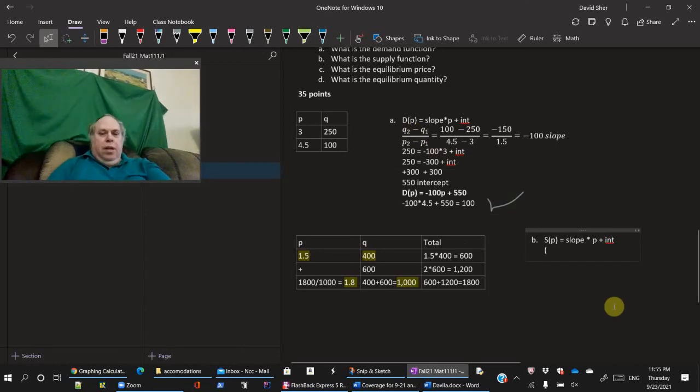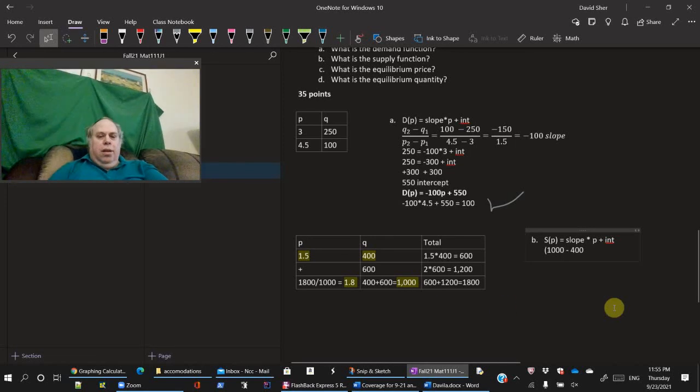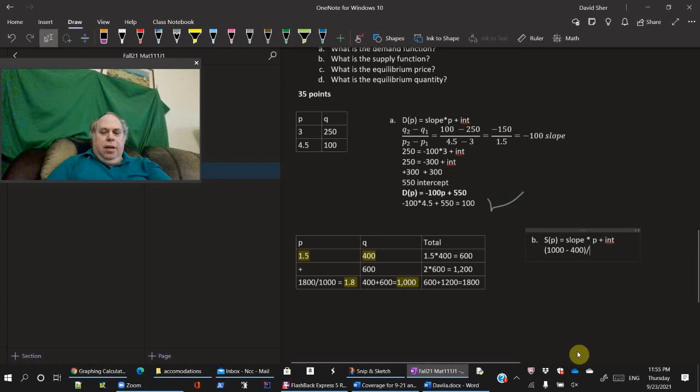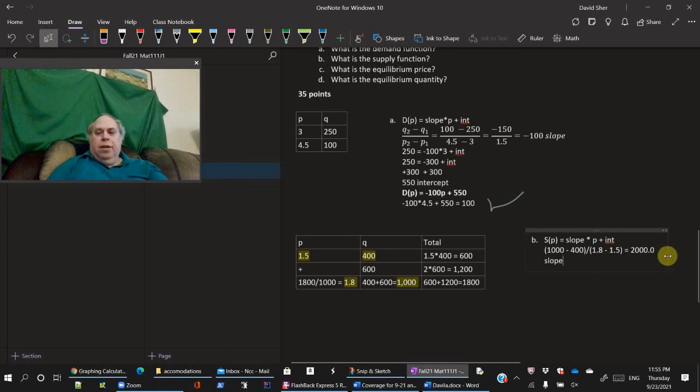So I'm going to have 1,000 minus 400, Q2 minus Q1, divided by 1.8 minus 1.5. And that's going to give me a positive slope of 2,000.